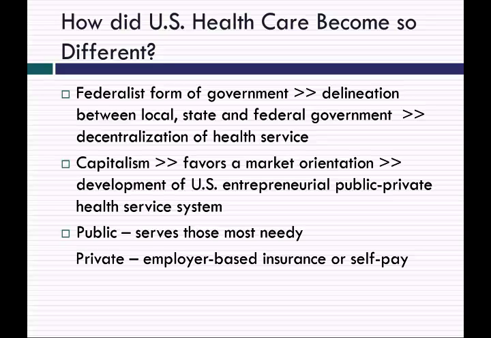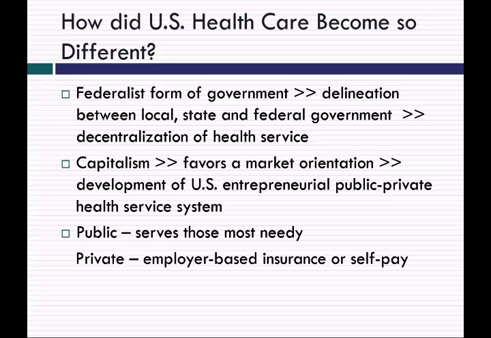Also, U.S. political ideology is linked to capitalism. Capitalism favors a market orientation, and this has developed the U.S. entrepreneurial public-private health service system. It developed as a business within the country because capitalism is one of the tenets of our society.